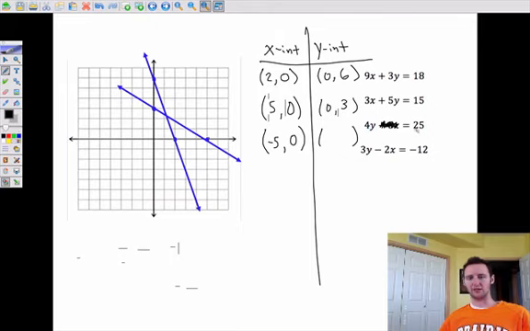And I get 4y equals 25. So 25 divided by 4 is, what, 6.25? So this is at 0, comma, 6.25. To plot those points then, negative 5, comma 0, and 0, comma 6.25, right about there.